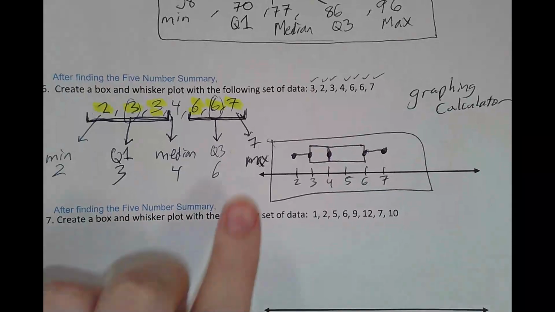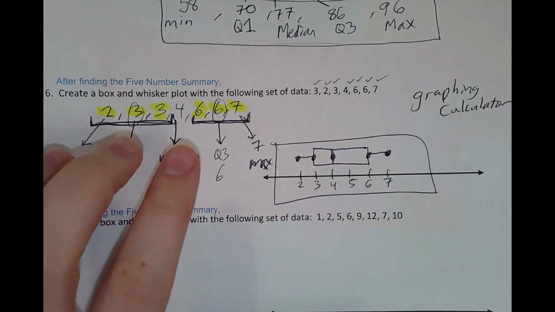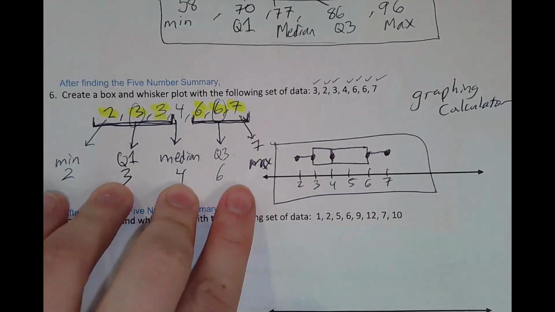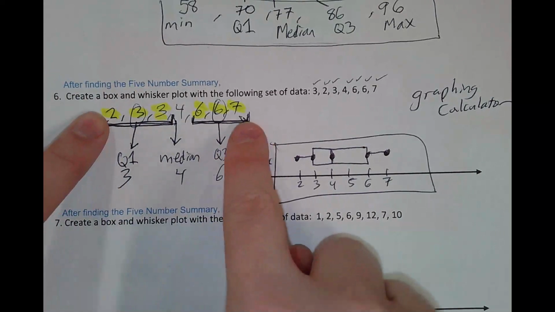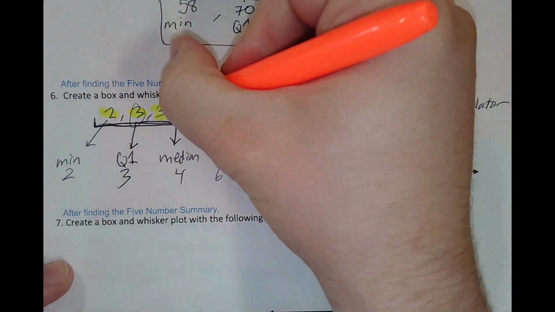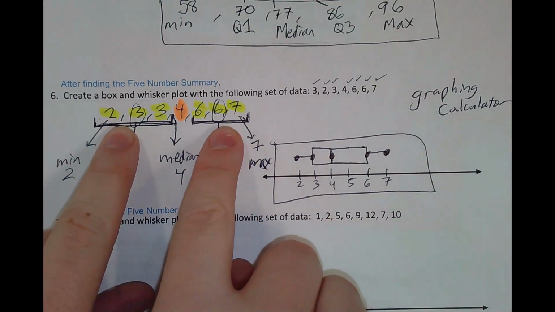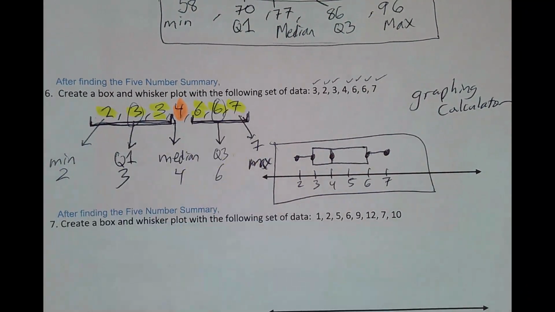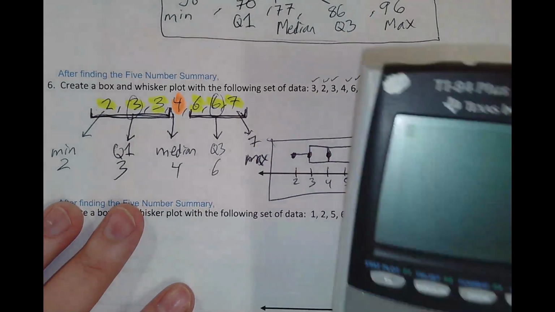Okay, so right now we figured out how to find the 5-number summary by hand. We split our data into 2. We found our minimum, our maximum. We found our median, which is the middle. And we found the middle of our 2 halves. How do we figure this out with a graphing calculator?